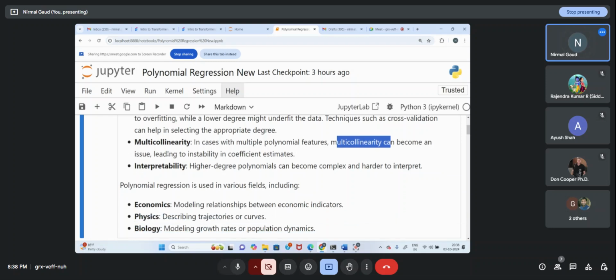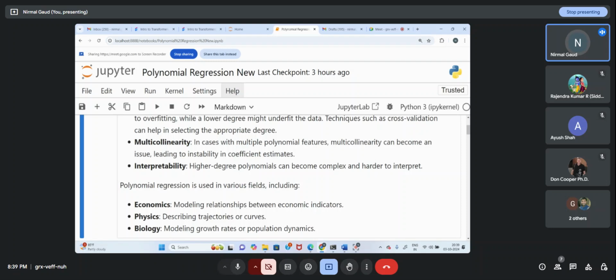So multicollinearity is an issue that can destabilize the coefficients beta 1, beta 2. Also interpretability: that means higher degree terms calculation is tough. Lower degree terms calculation is easy.